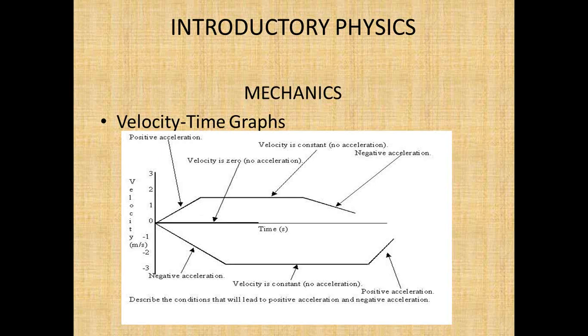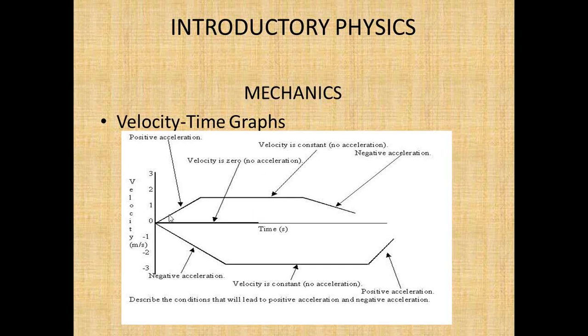Just like when you had your position time graph, the slope is velocity. Remember, you only get acceleration when you have a change in velocity. So let's look at what's happening in the top portion of the graph. Positive, which is on top, suggests motion to the right or motion upwards.